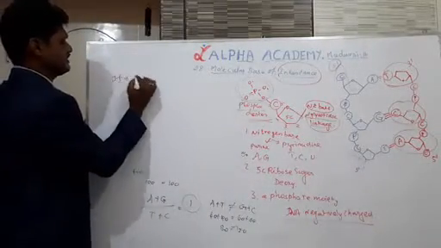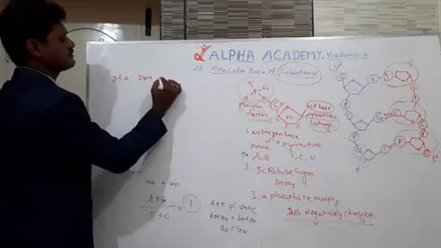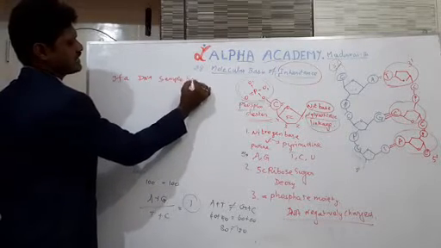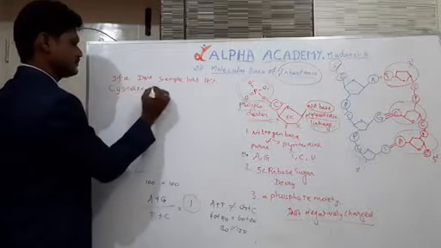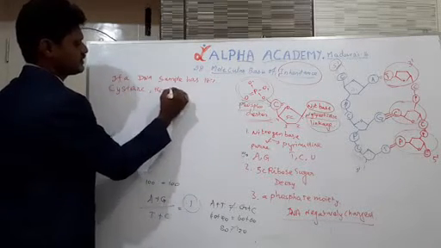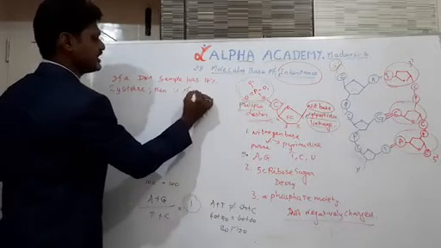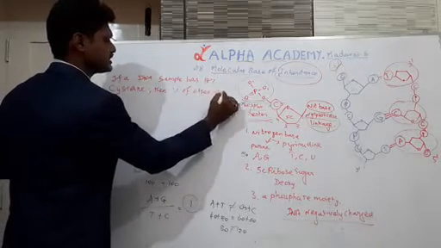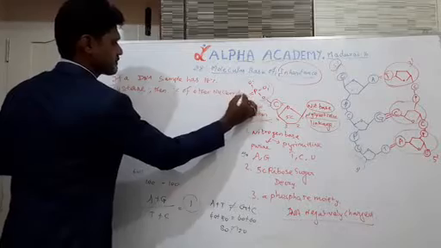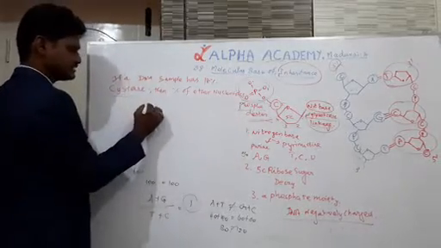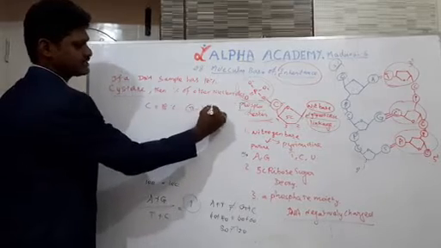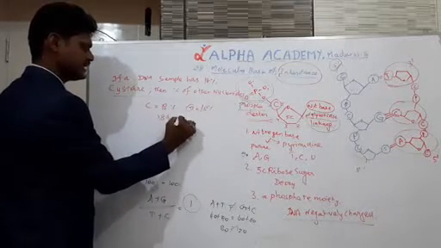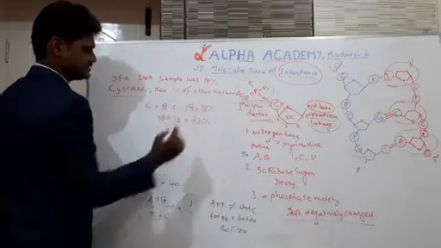If a DNA sample has 18% cytosine, then find out the percentage of other nucleotides. So how do we find this out? For example, if cytosine is 18%, guanine is 18%. So 18 plus 18 is 36%.